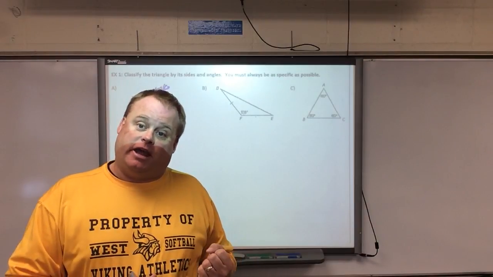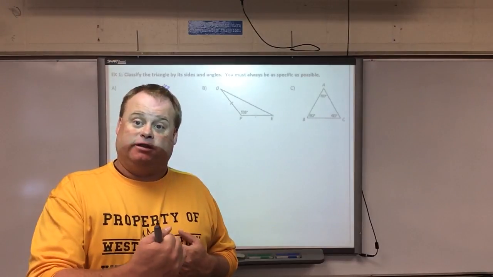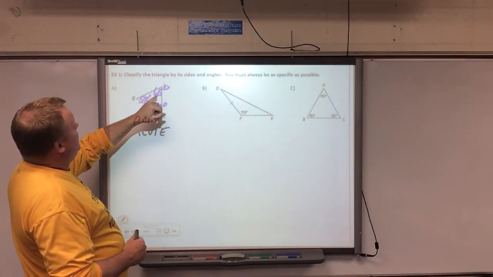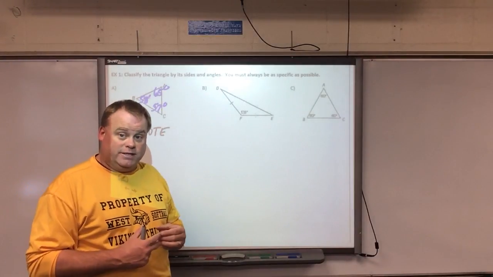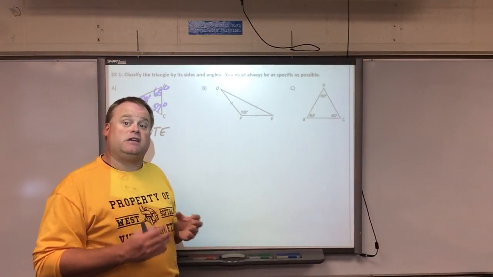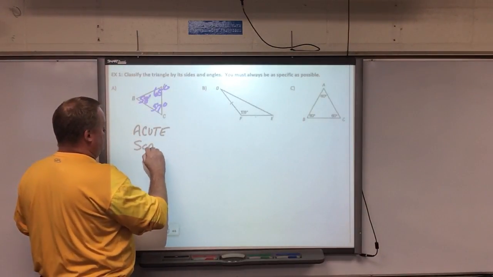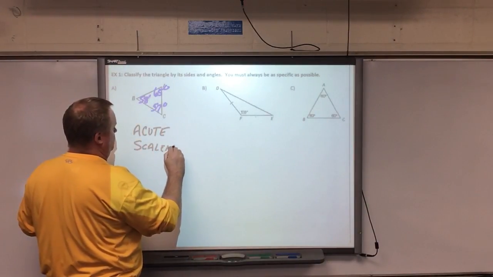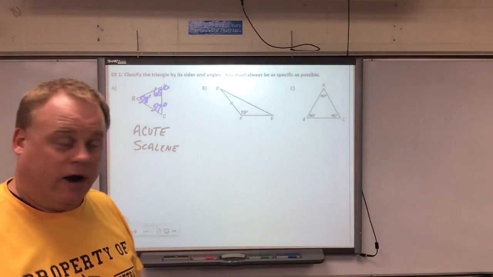So the smaller the angle, the smaller the side. The bigger the angle, the bigger the side. So when I have three angles that are not congruent, that means none of the sides are congruent. So this is also a scalene triangle. So this is an acute scalene triangle.